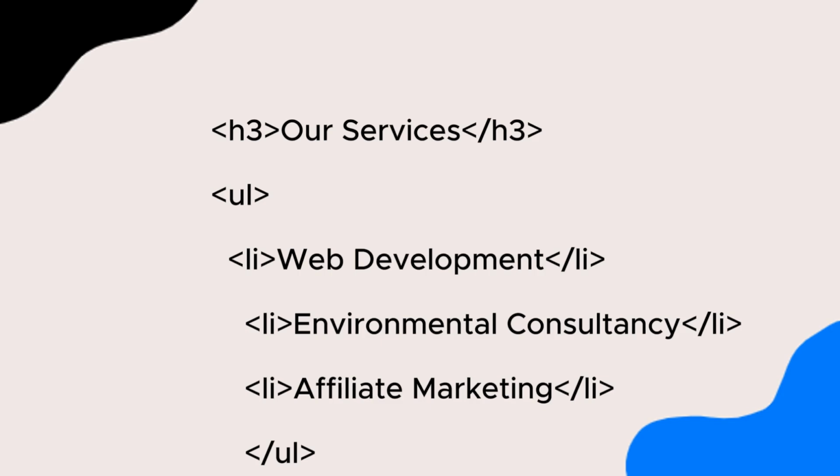In between it, I will now have my list open tag. Web development, I will now close it with a close tag. Then I will now repeat it with the services we are offering: environmental consultancy, affiliate marketing. Then I will now close my ordered list.